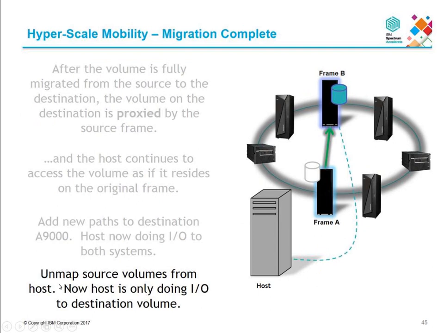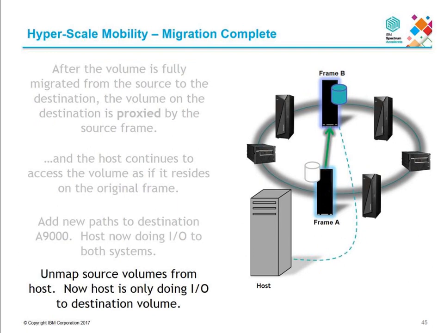Again, I can either force a rescan or allow the multipathing to handle it, and it won't find the bad paths, but you probably want to do a rescan to force the fact that those paths are no longer there once I do the unmap, to clean things up. So without having to stop the application, I've moved a volume from one 9000 to the other without taking the application down. Again, this is only available between 9000s now.